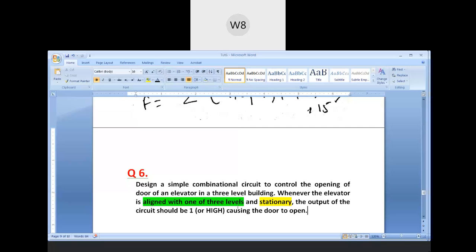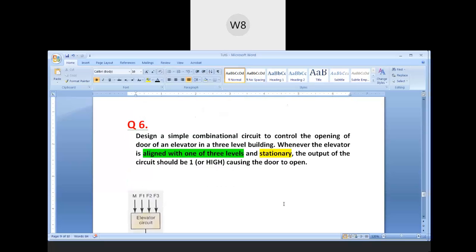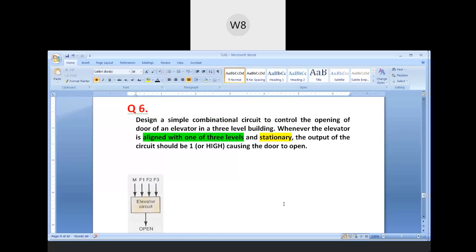For example, for the first level, we will have a variable which will take either value 0 or 1. 0 means it is not aligned with the first level, and 1 means it is aligned. So there are 3 variables for level, 1 for motion. So there will actually be 4 variables in this circuit that we will design.